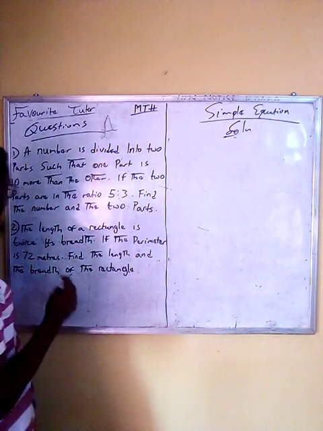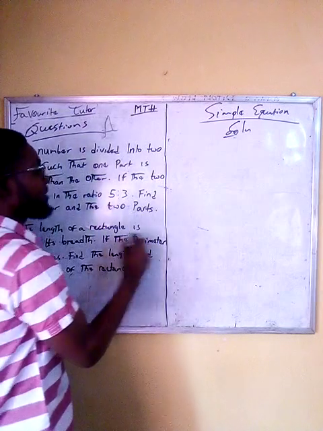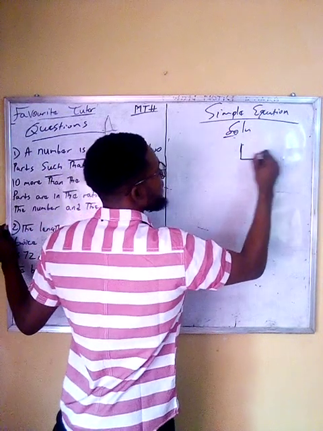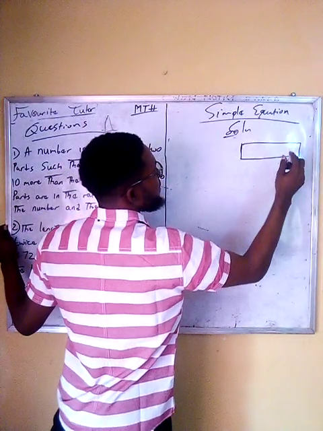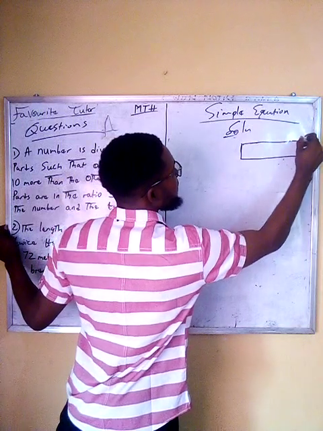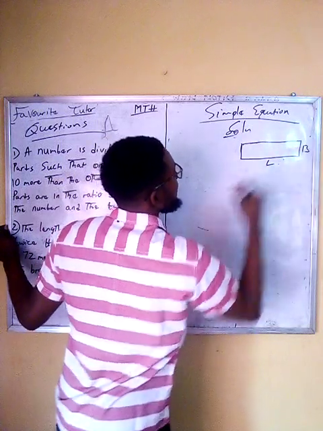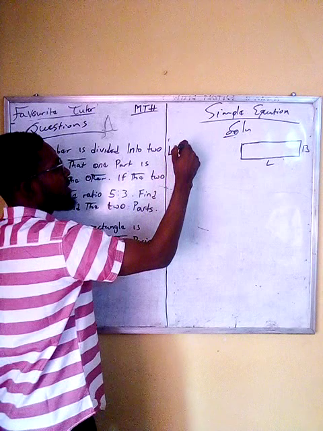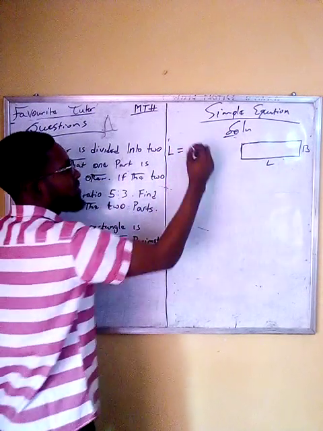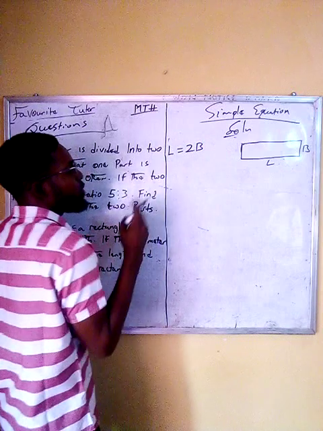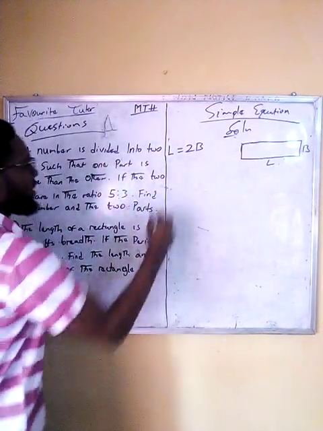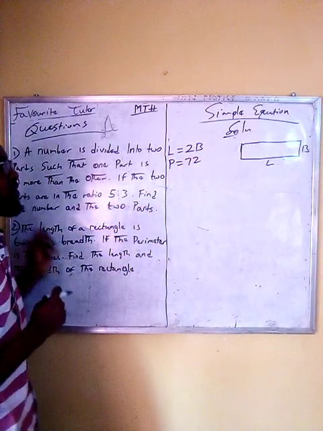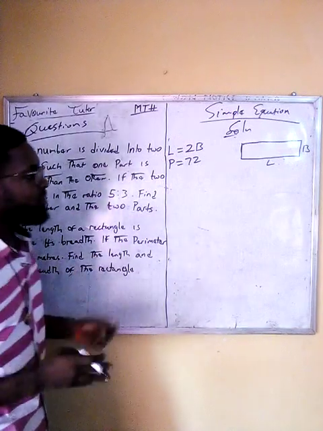Okay, we're told that the length of the rectangle... Here's length, here's breadth, and we're told that the length is twice the breadth. So the length is equal to twice the breadth, that is 2 times the breadth. And the perimeter is 72. So we are looking for the length and the breadth.